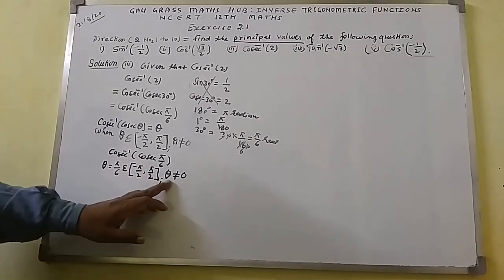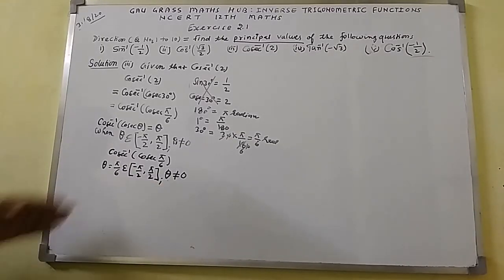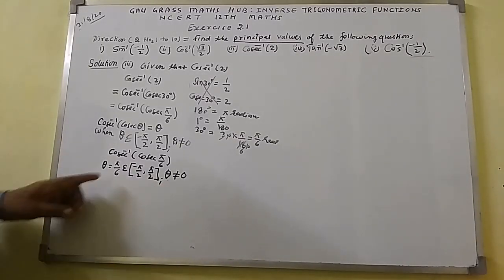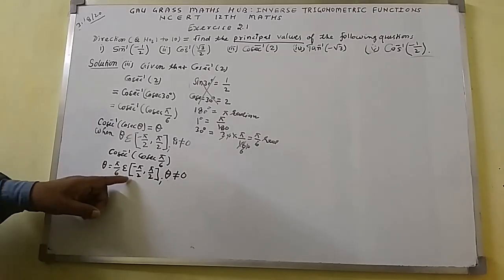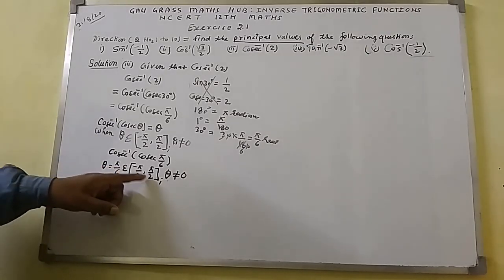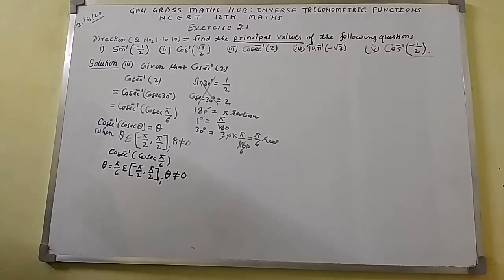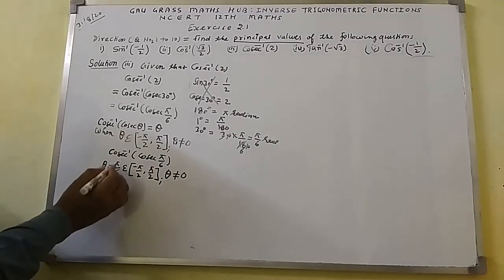This is the case. So you have to judge whether pi by 6 belongs to closed interval minus pi by 2 comma pi by 2 closed interval. If it is there, then it will be okay.